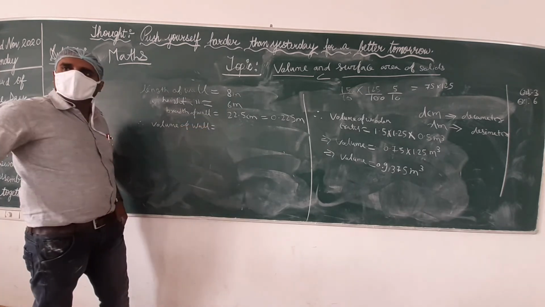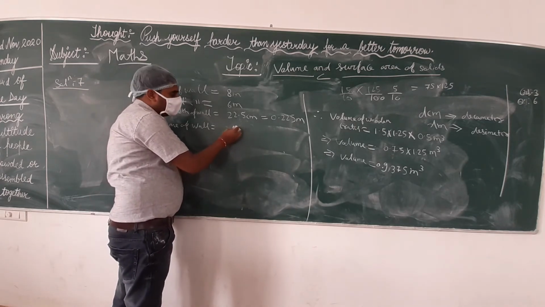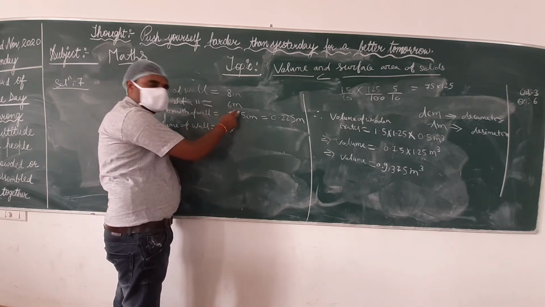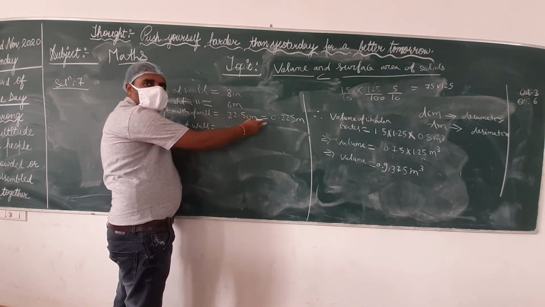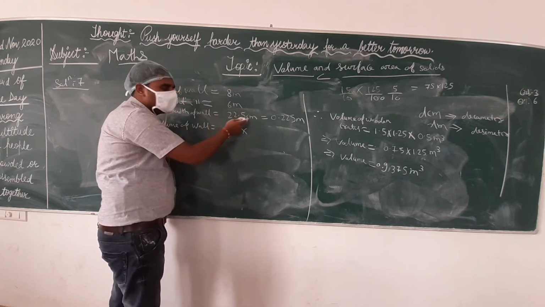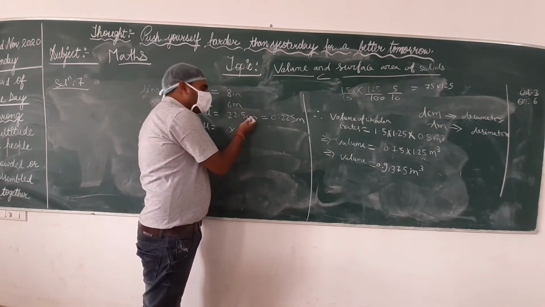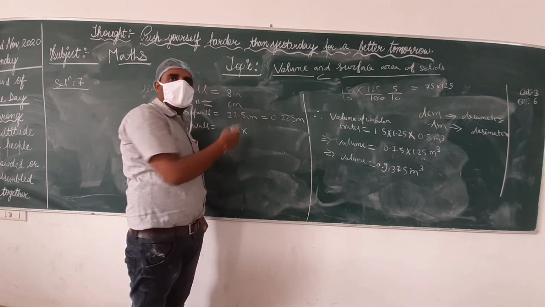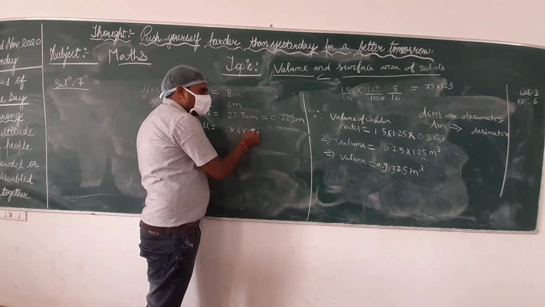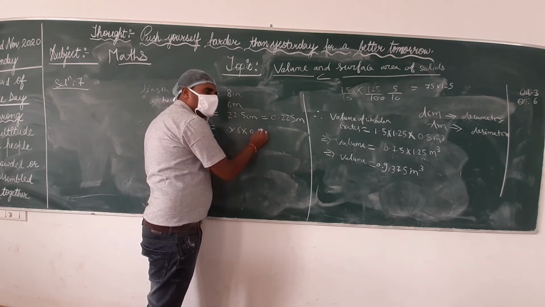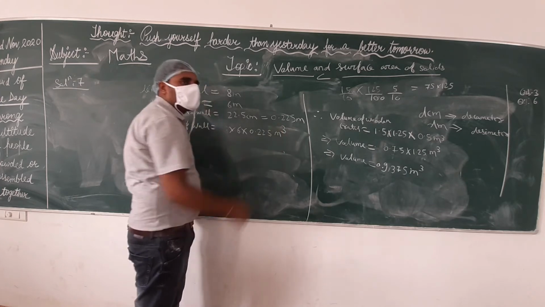equals what? Length times width times height. Length 8, height given 6, into width or thickness given 0.225. Here it is given in centimeter, but we have to convert into meter. To convert centimeter into meter, we have to divide it by 100. It means 8 into 6 into 0.225 meter cube.